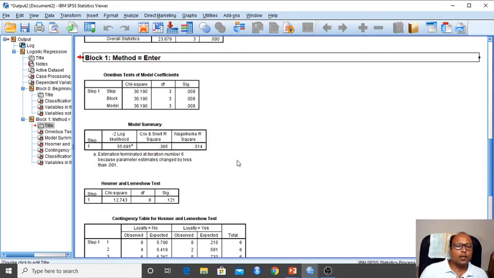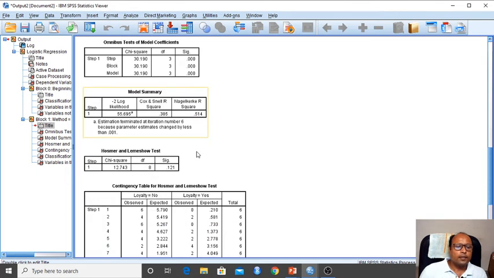In the model summary, if you recall, in normal linear regression we have adjusted R square. A similar value here is this Nagelkerke R square, which is 0.51. This shows the fitness of the model. So here 51% fitness of the model is assumed.